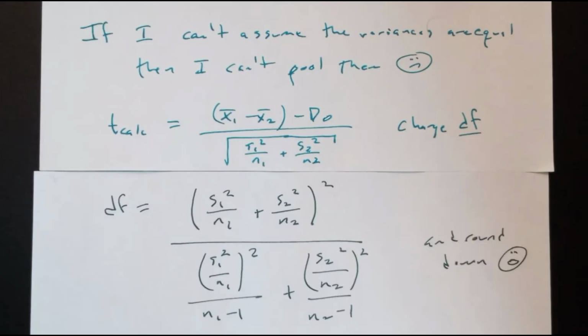Unless, and this is a huge unless, all I have are the summary statistics. If I was given the means, the variances, and the counts, but not the raw data, Excel won't do this.